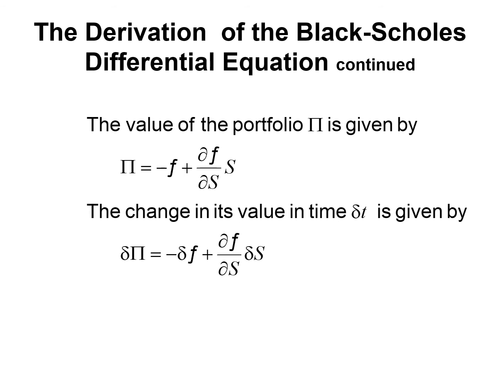We long this number of shares. The change in its value in time dt is given by negative df plus partial f over partial S times dS.